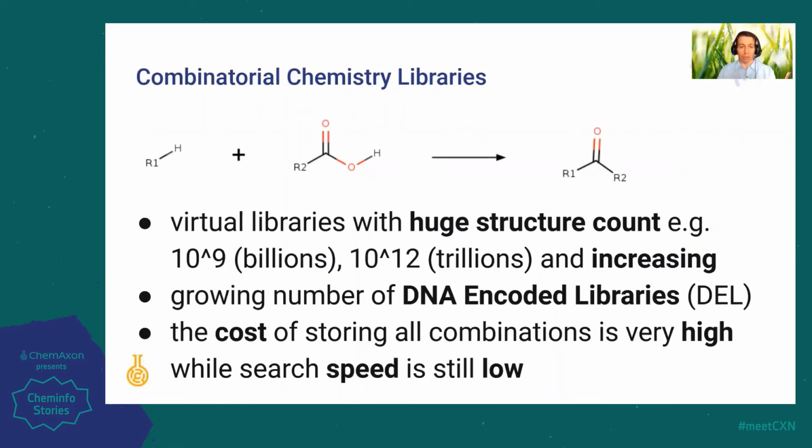And although you are able to store them in a traditional way by enumerating that number of structures, it will cost very high, and the search speed can still be very low if you add new structures.